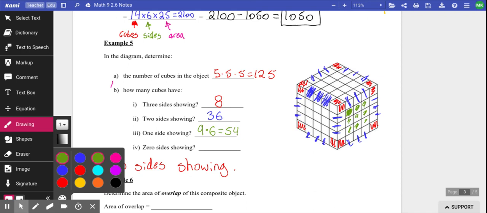If you tried to figure out how many cubes have no sides showing, there's 2 ways you could do this.